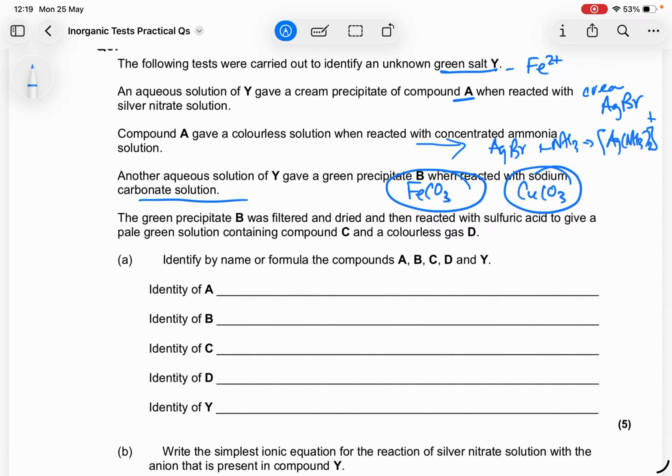The green precipitate was filtered, dried, and reacted with sulfuric acid to give a pale green solution containing compound C and colorless gas D. So the gas is probably carbon dioxide. Now you can see silver bromide as we identified from the top, iron carbonate as we identified on the top, and iron sulfate, and that means Y must be FeBr2.